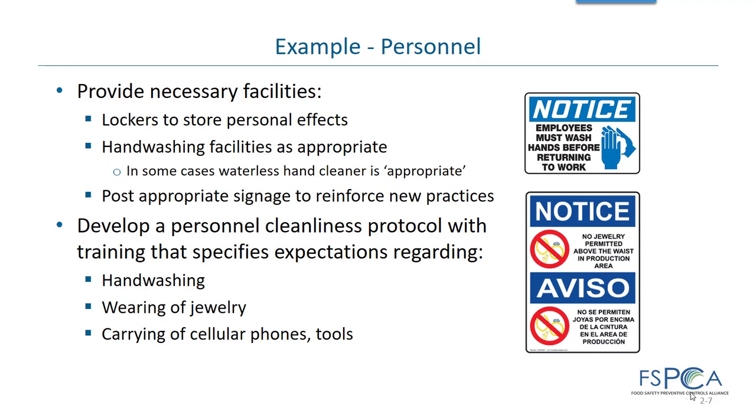You'll notice that piece of regulation didn't say that jewelry cannot be worn during the production of animal food. It is as adequate, as appropriate, as necessary to the work environment. I've spoken with a number of facilities where all of the employees carry a box knife on their person so that they can be opening bags as they're mixing ingredients and so on.